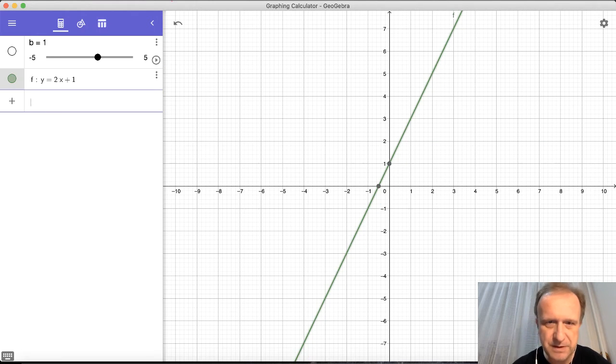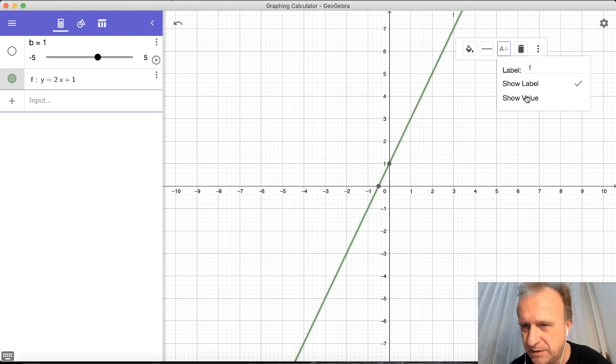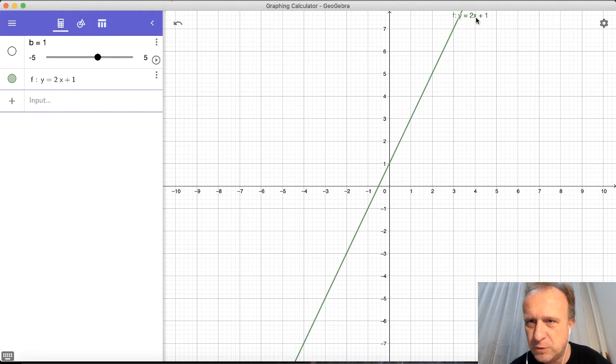And here is the function, in our case it's 2x plus 1. We can change what is displayed here by tweaking this setting, so we can also show the value, and you see that the function is 2x plus 1.